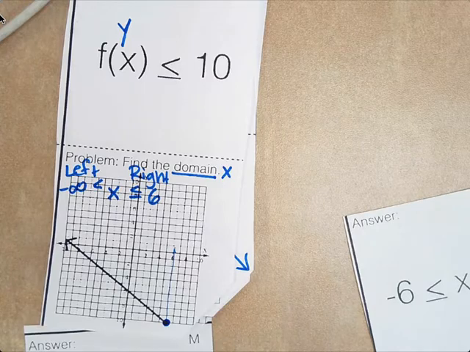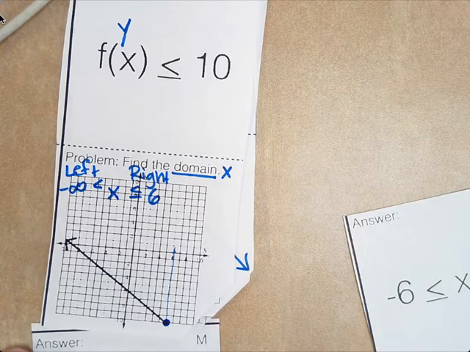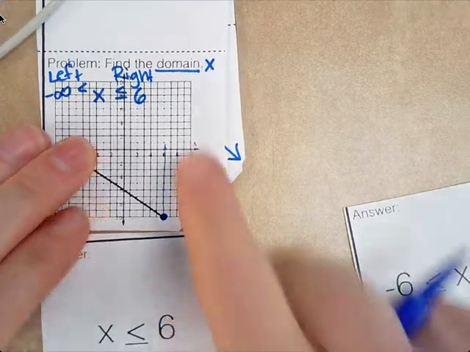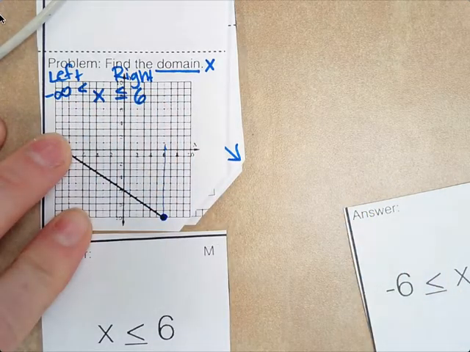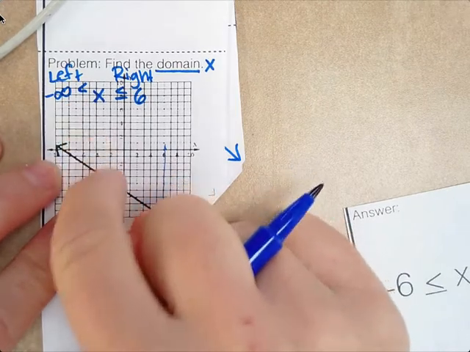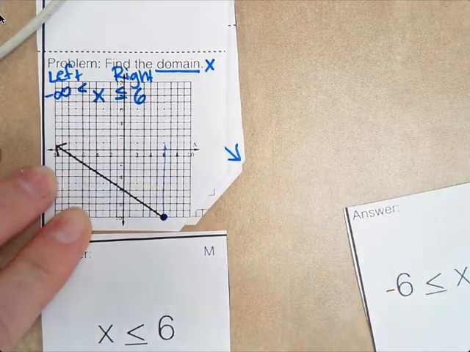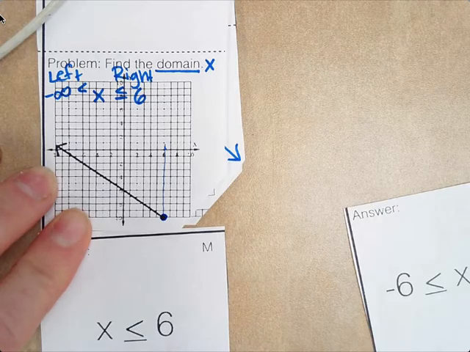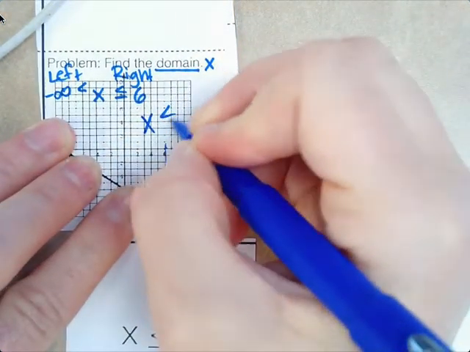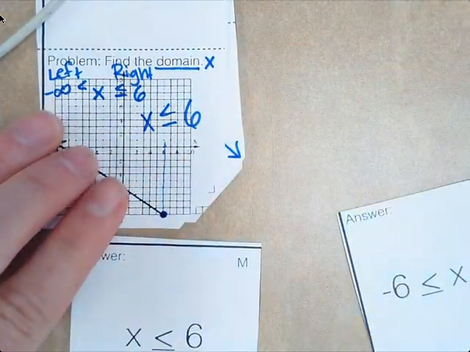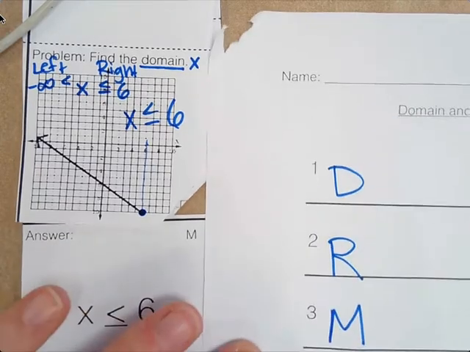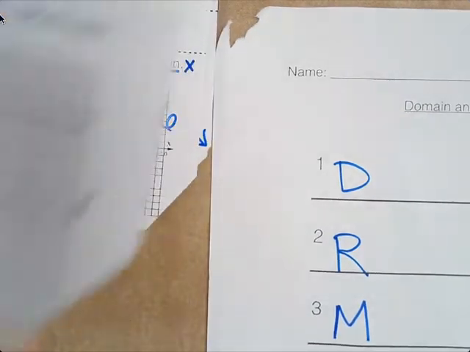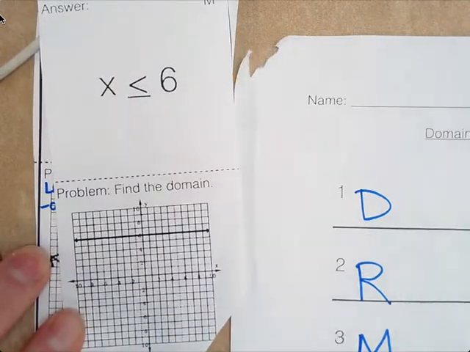M. So let's see. X is less than or equal to 6. Is that true? Yeah. Because we don't necessarily have to have that infinity, because negative infinity means it's going to go on and on forever in the negative direction. And so does this, just being less than or equal to 6. So x is less than or equal to 6. So that means that our next one is M. So stack it on top and move on to the next one.